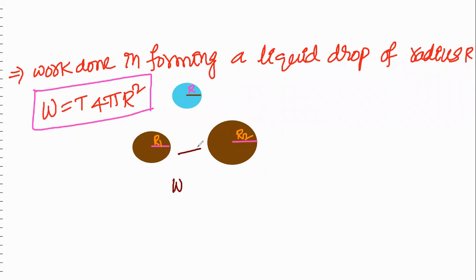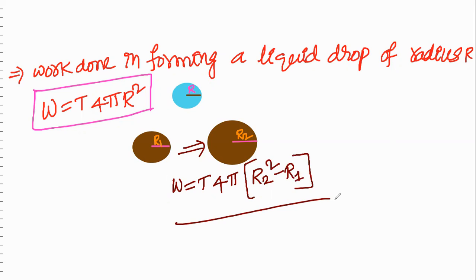Therefore, the work done W is equal to T into 4 pi into R2 square minus R1 square. This is the work done in forming a soap bubble, a liquid drop, and increasing the radius of the liquid drop from R1 to R2.